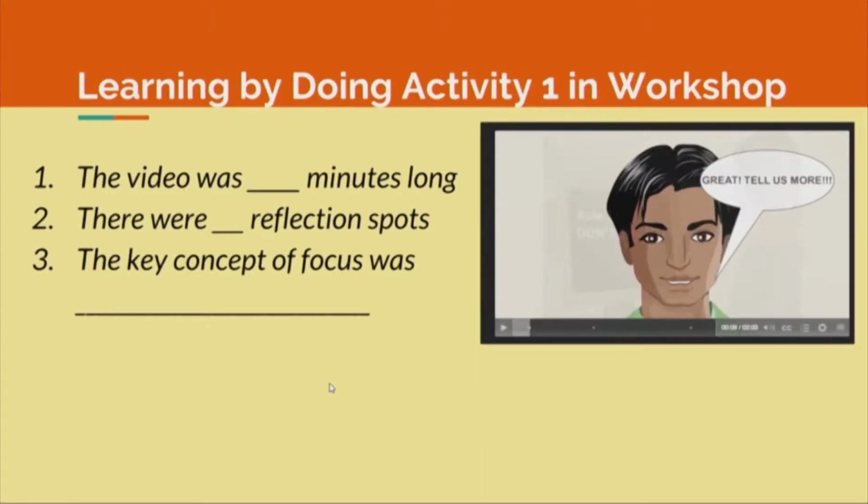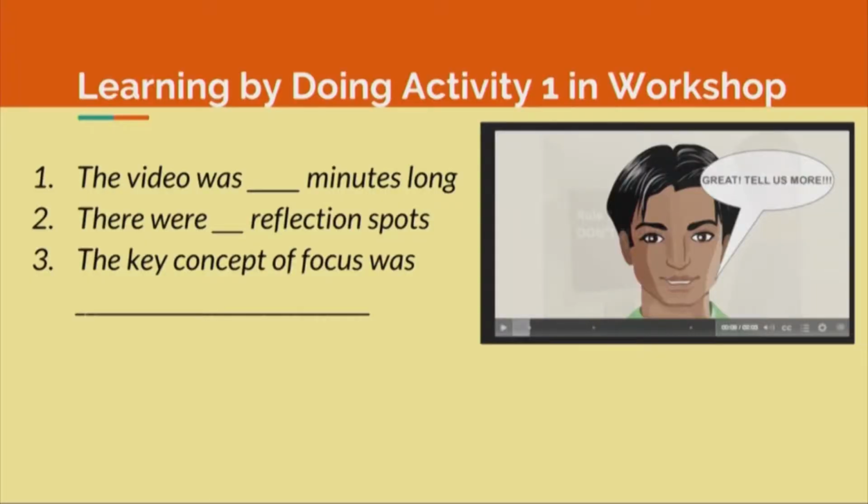Okay. First, a learning by doing activity. Overall, how long was the video? 2 minutes 3 seconds. Okay. How many reflection spots were there? A reflection spot is a pause point. So do not look at the questions, but the point.